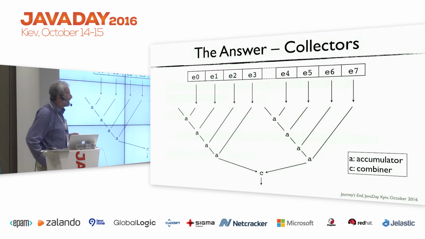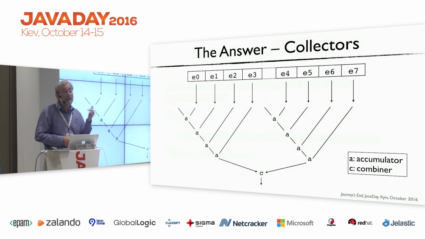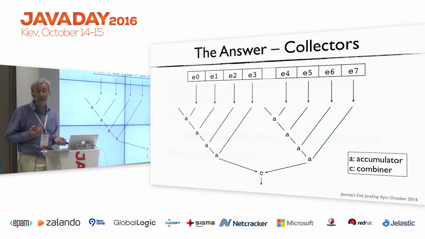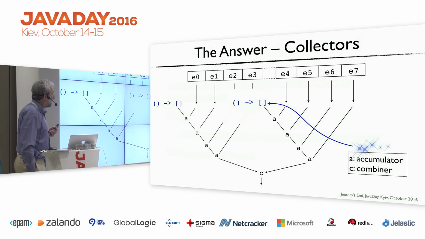Here's what they invented. This completes the picture of how collectors work, or nearly completes it. It's like the previous picture, but the difference is that instead of an identity element, you have a function that creates a new empty collection. This is called a supplier.